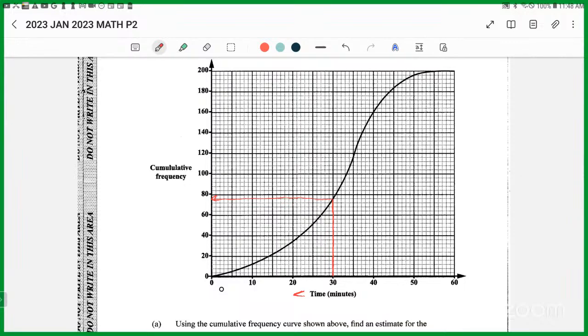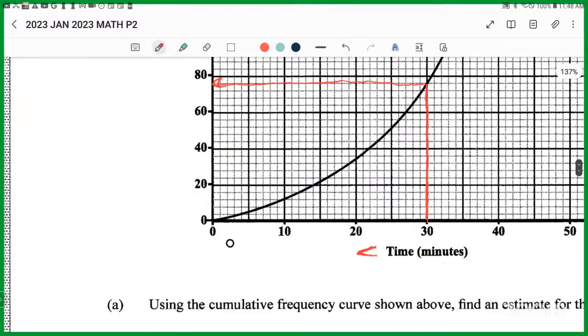Now, one important thing we should have done before we started was to figure out the scale of the graph. Let me zoom in so we can know exactly what number of students each square is.